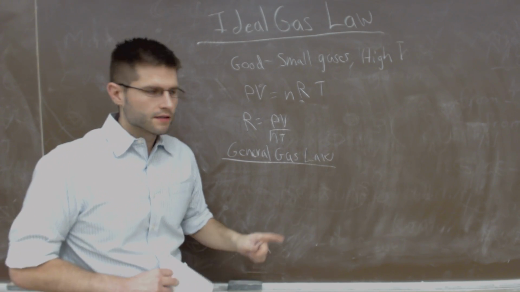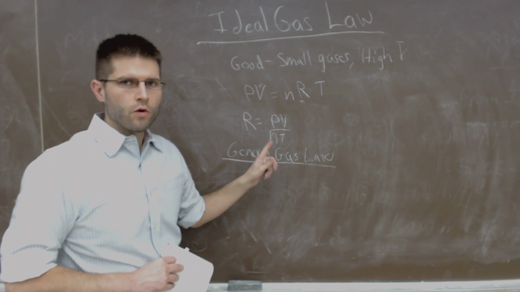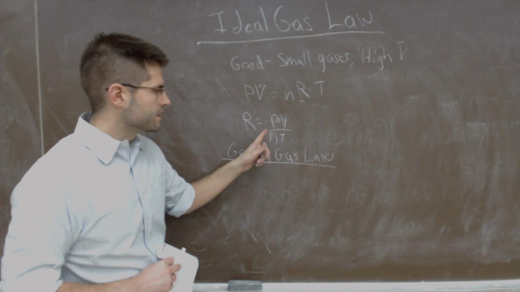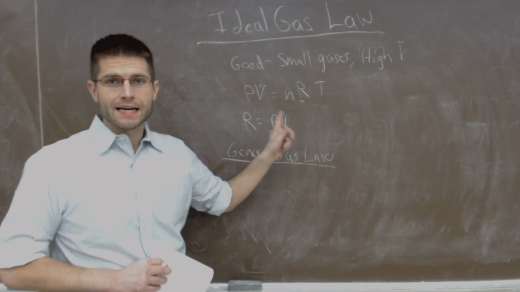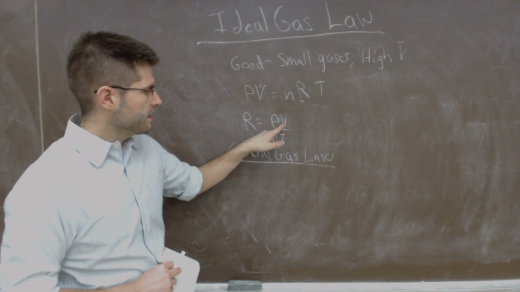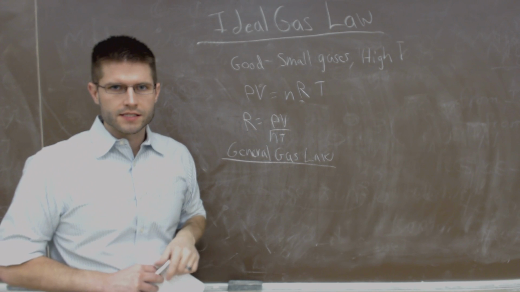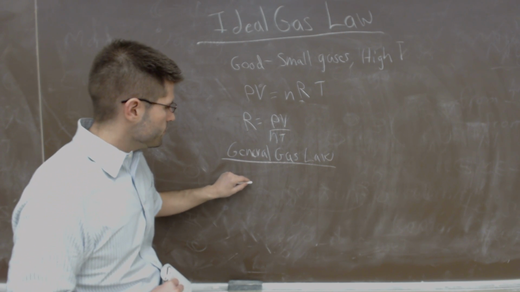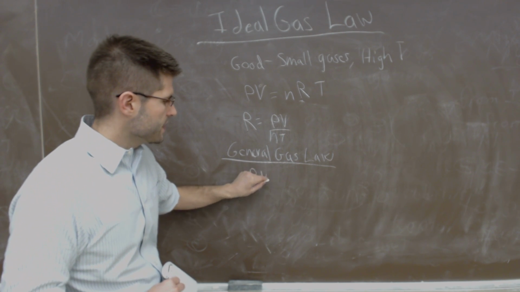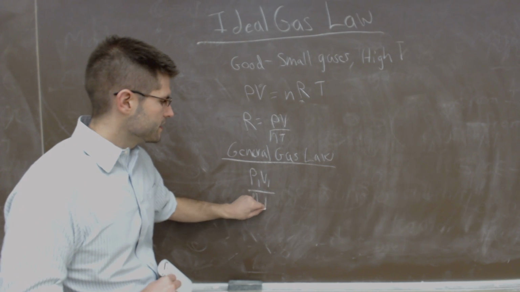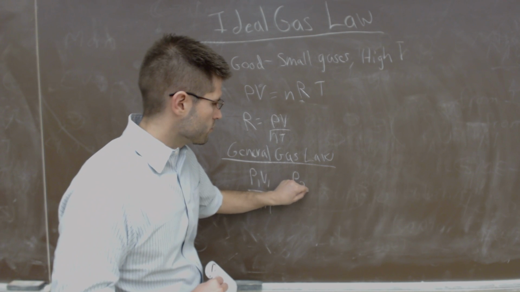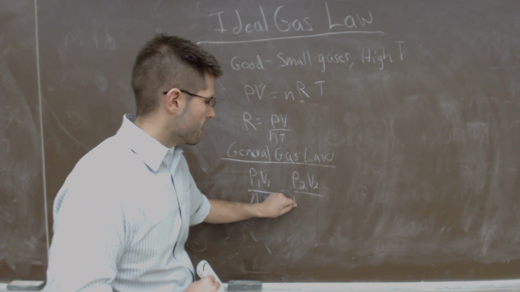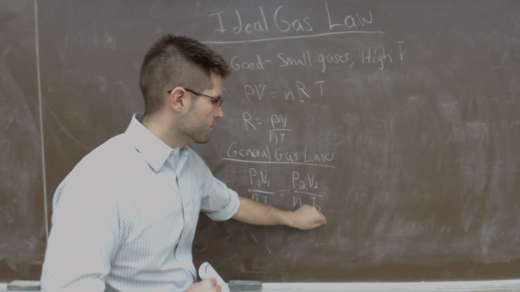So what does that mean? This is very similar to our named gas laws because we had, for Boyle's law, pressure P1 V1 is a constant. In this case, PV over nT is a constant. So now we can set up a new equation, P1 V1 over n1 T1 is equal to P2 V2 over n2 T2.